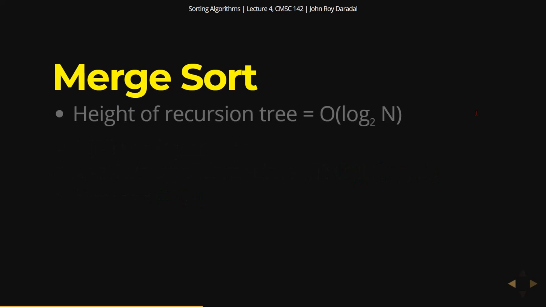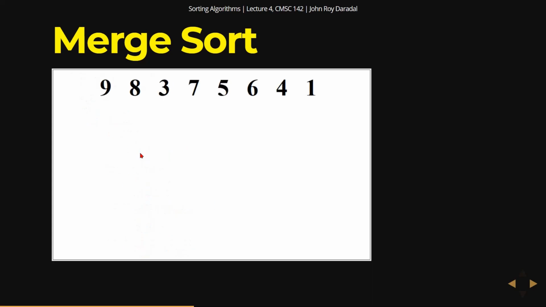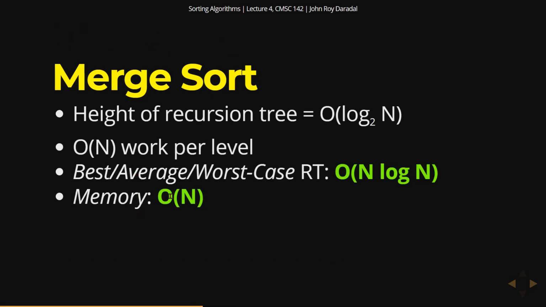So if we go back to the merge pseudocode, we have an extra array here which is named B, which is an empty array of size n. So it's the same size as array A, and we copy contents to B when we merge. That's why we have an extra memory of O of n, the same size as the array. Okay, so that is merge sort.